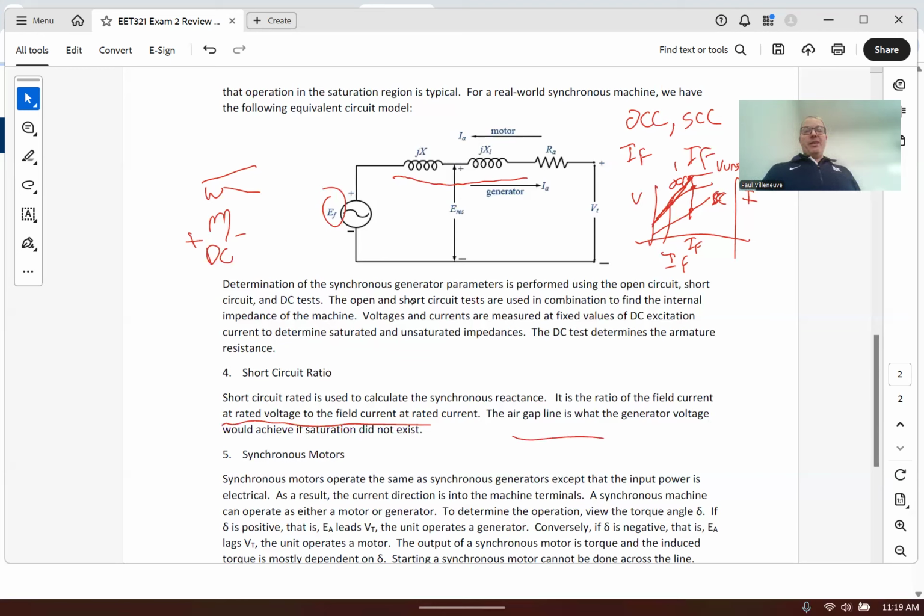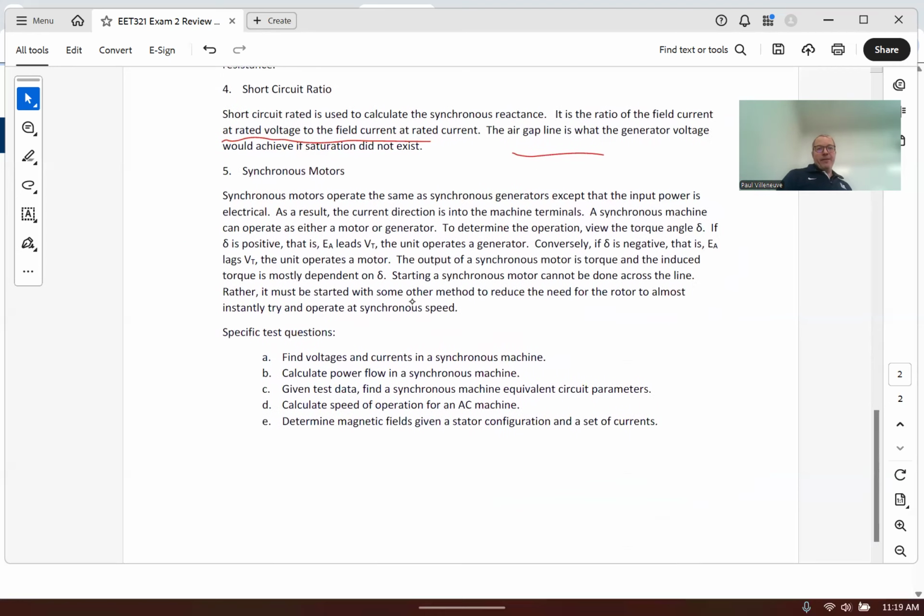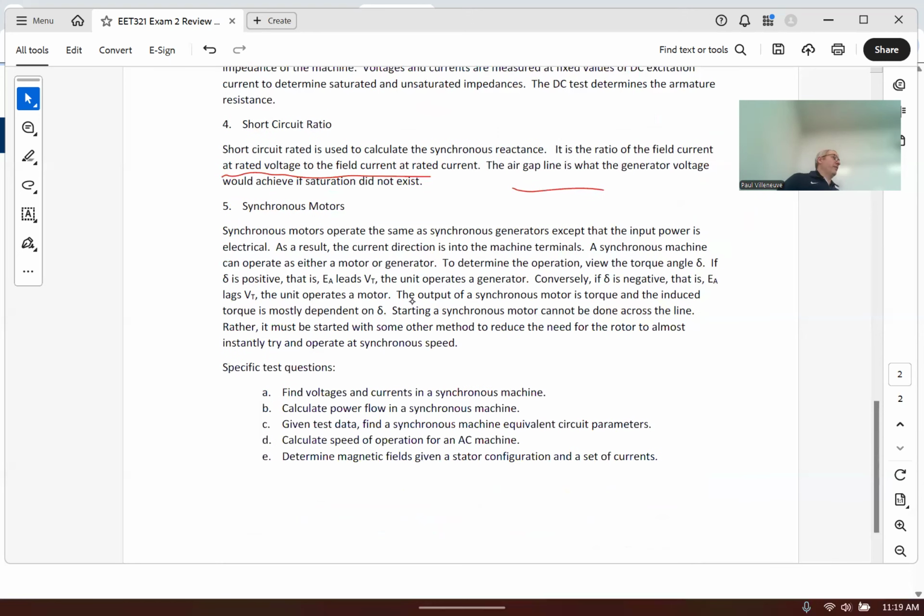We already talked about the air gap line, so that's the value you get if the voltage never saturated. Synchronous motors are just like synchronous generators, except power is going in. So when you do KVL loops around your equivalent circuit, be mindful that the terminal voltage is always at its nominal voltage at an angle of 0, and then you can calculate the back EMF, or internal voltage, by subtracting or adding voltage drops.